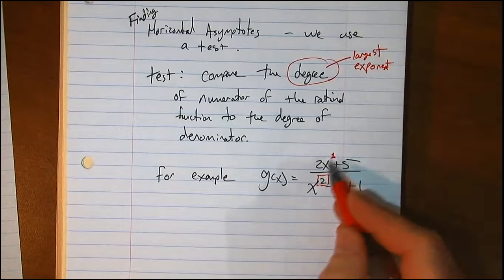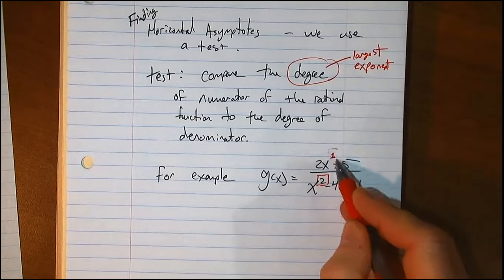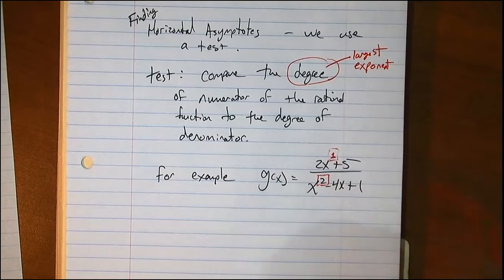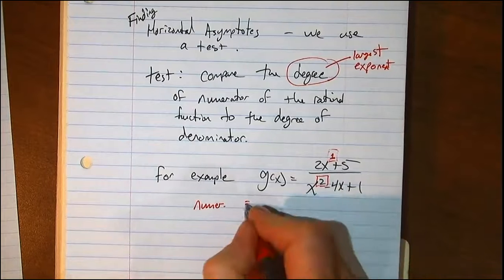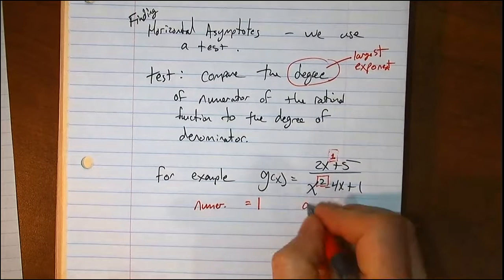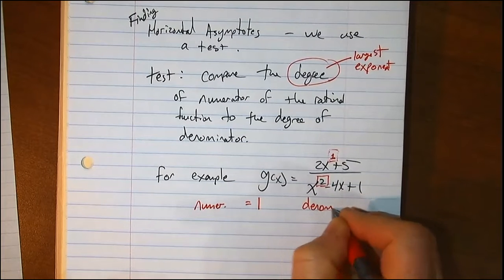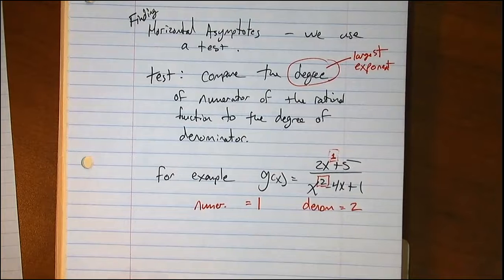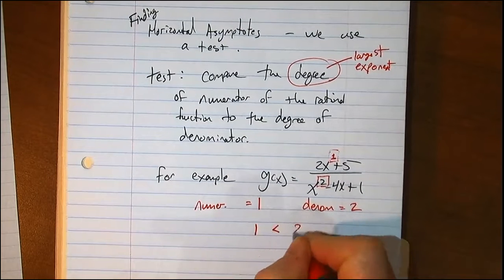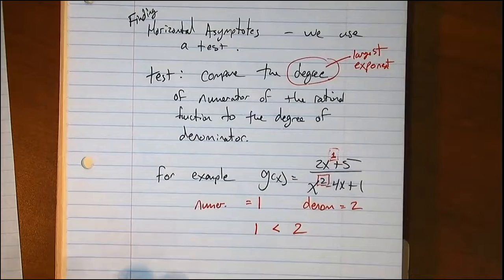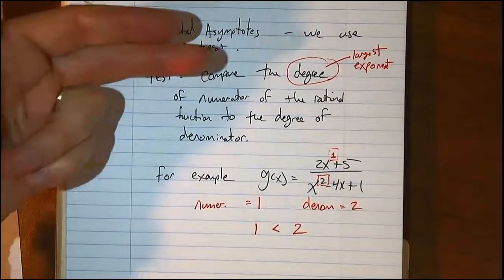So the biggest exponent in the top is the 1. The numerator's degree is equal to 1. The denominator's degree is equal to 2. And comparing those, 1 is less than 2. That's what we mean when we say compare the degrees.